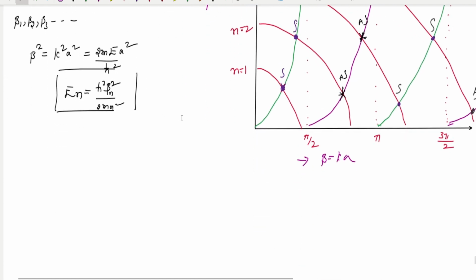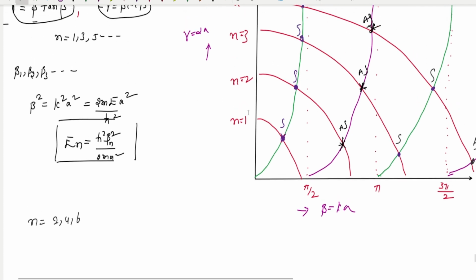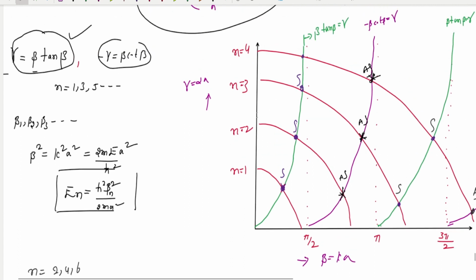The energy values give n equal to 2, 4, 6.